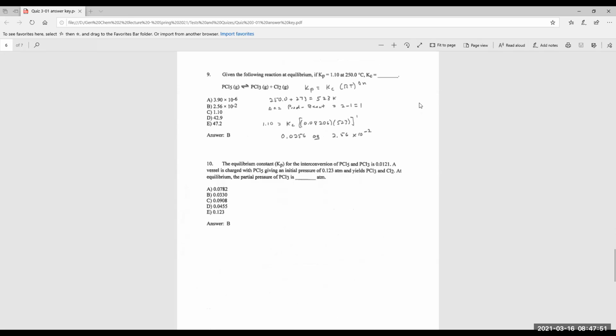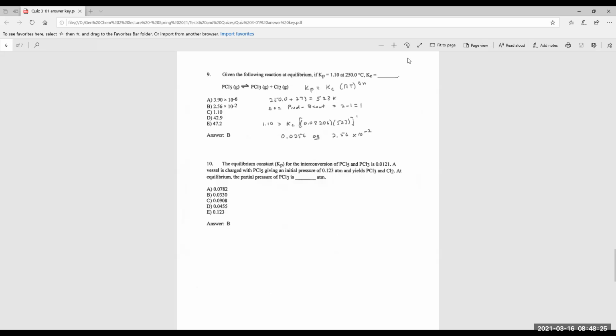Okay, number 9. We're given a reaction of PCl5 going to PCl3 and Cl2, and we're told that the equilibrium constant for that reaction is 1.10, and we want to then express it in terms of concentration.